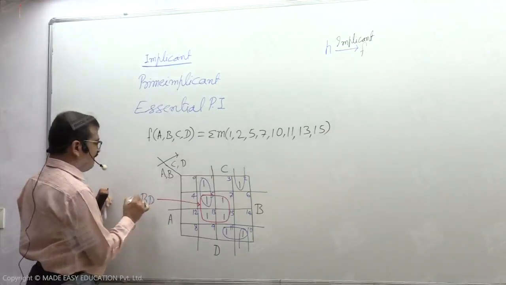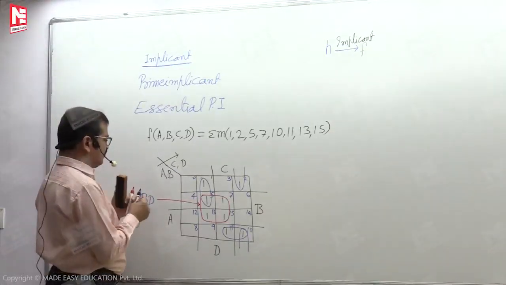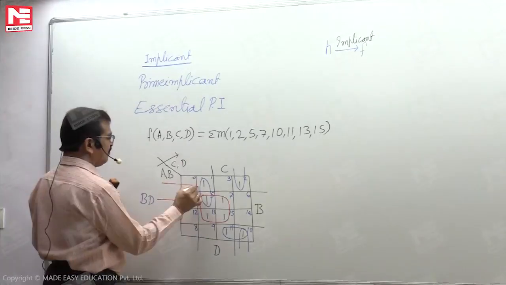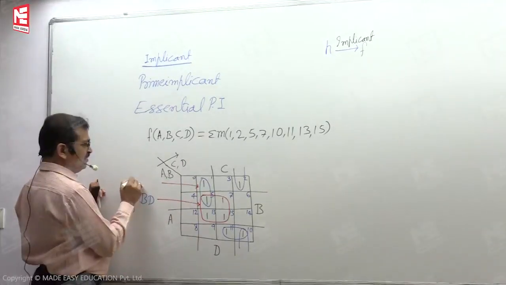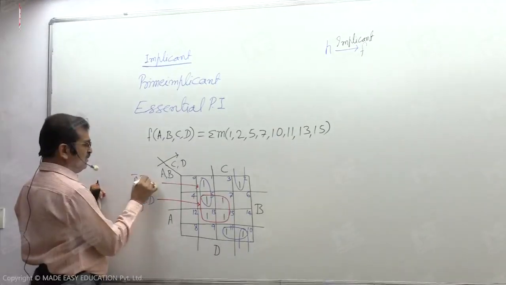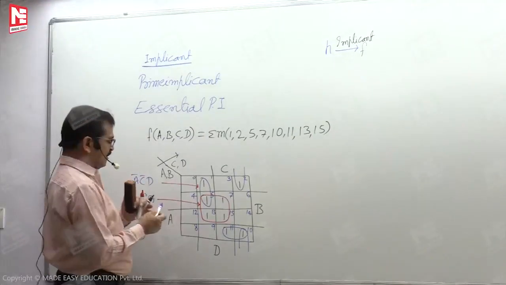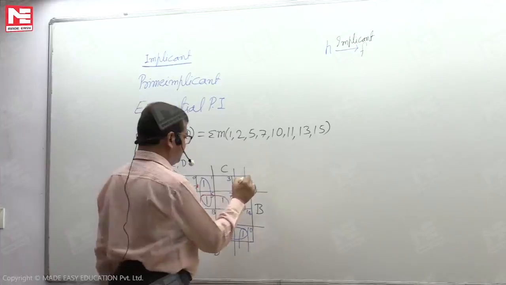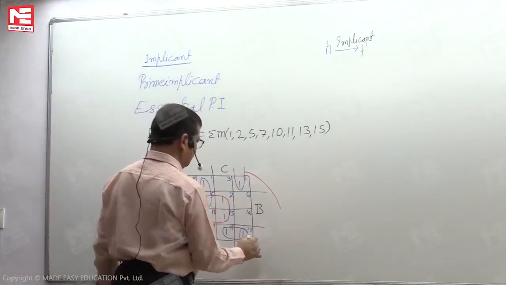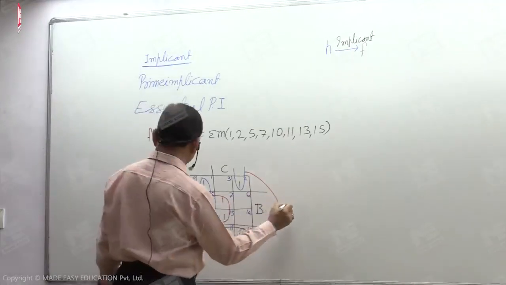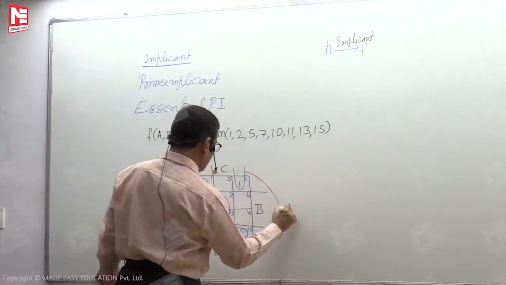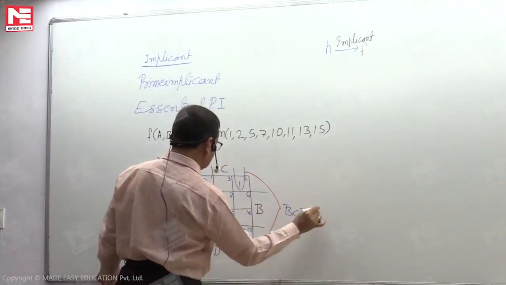The product form for this is A complement C complement D. The product form for this is B complement C D complement.